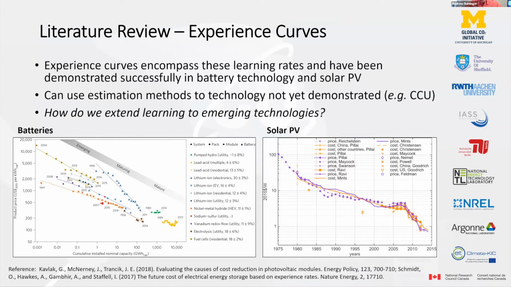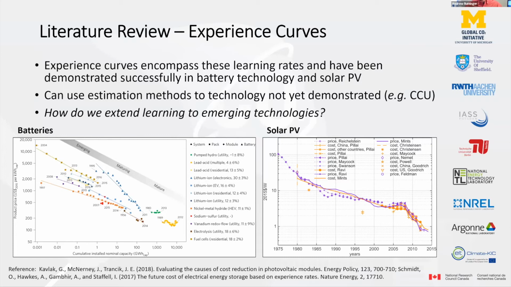It's been successfully demonstrated for two well-demonstrated technologies: batteries, which you see on the bottom left, and solar photovoltaics, which you see on the right. Why it has been successfully demonstrated for these is because of data availability. That's something that was talked about earlier, that the data is very important in these cases.